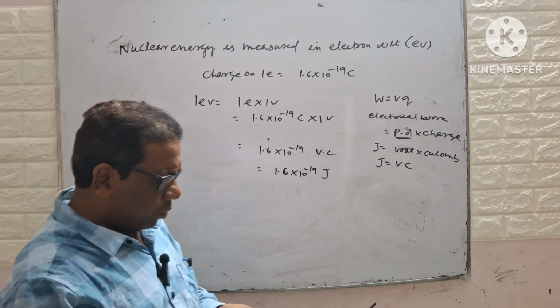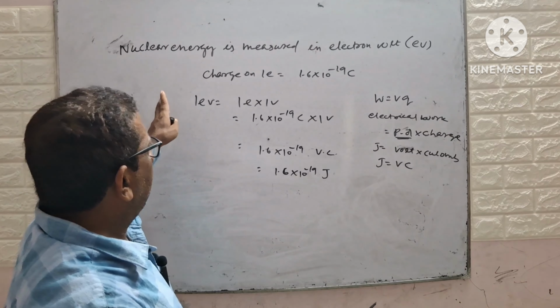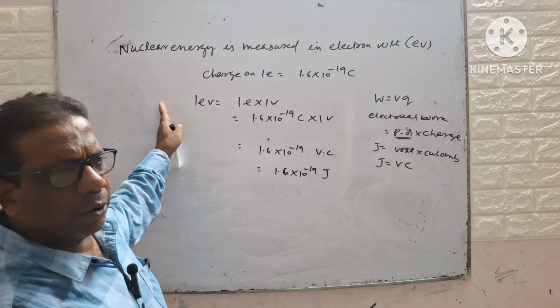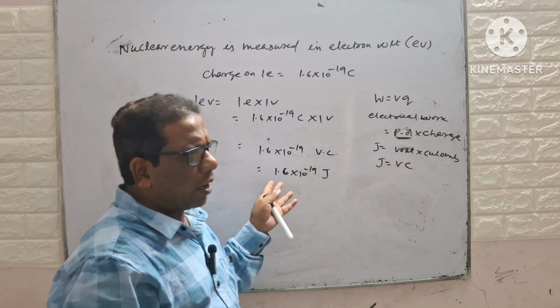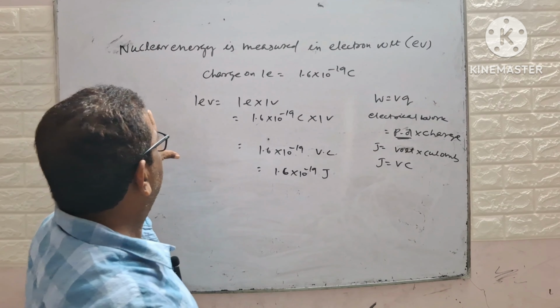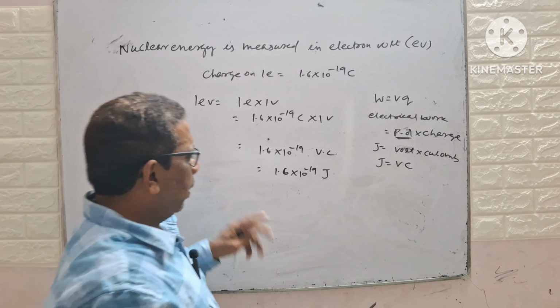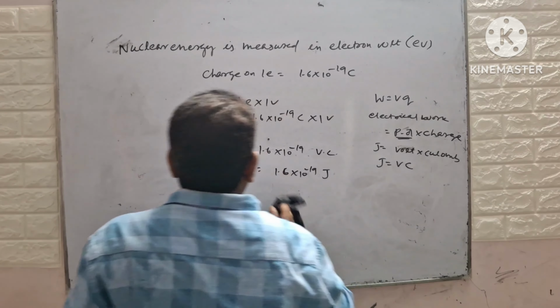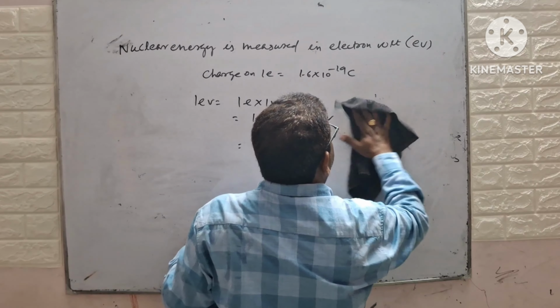There are so many types of energy we have discussed earlier. Heat energy is measured in calorie. Electric energy is measured in watt hour and kilowatt hour. Nuclear energy is measured in electron volt. Now we will discuss mechanical energy.